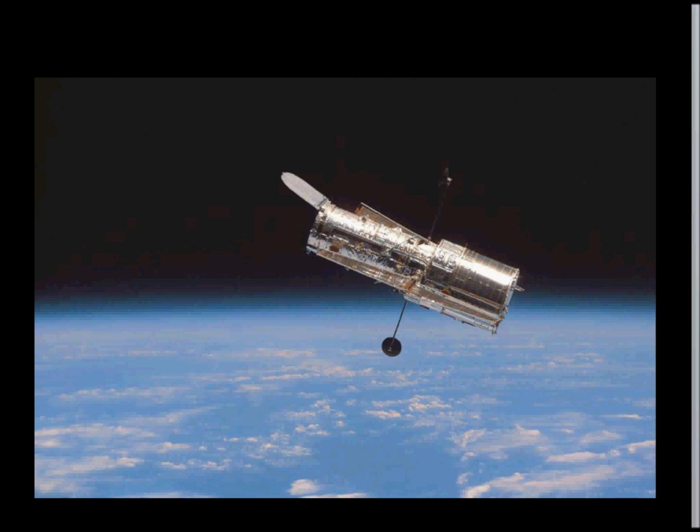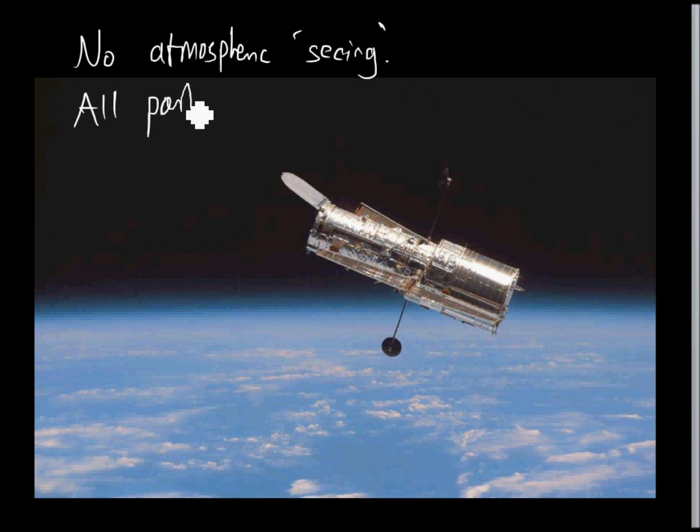But from out in space, you do not have to worry about the atmosphere because you're outside of it. So you get no atmospheric seeing. You don't get that interference, and also you can see all parts of the EM spectrum.